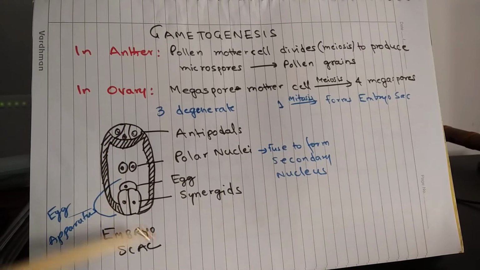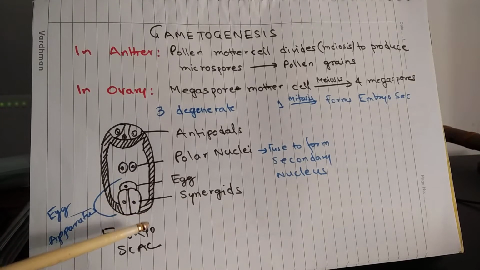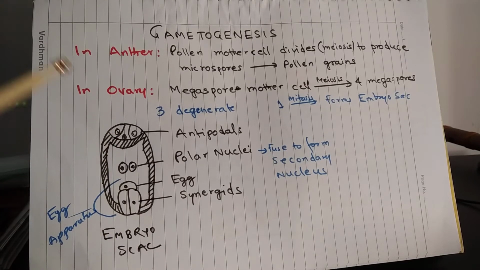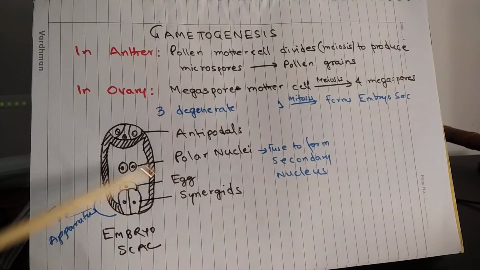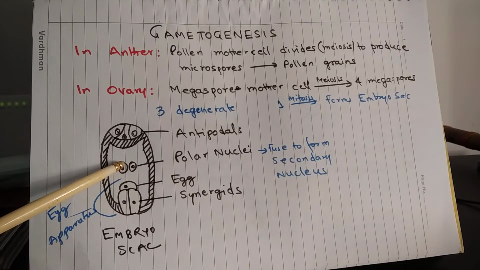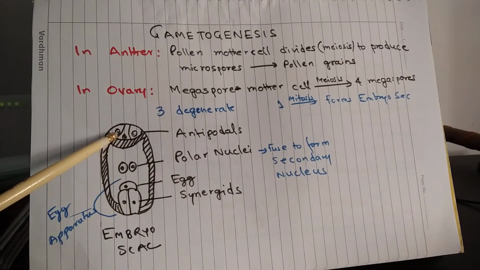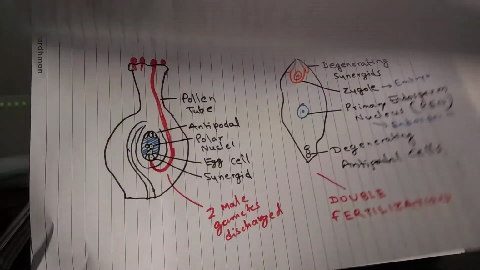The lower portion is the micropylar end, that is towards the mouth of the ovary, and this is the chalazal end, that is away from the mouth. The egg apparatus is composed of an egg and two cells called synergids. The two polar nuclei finally fuse to form a secondary nucleus. Then there are three antipodal cells. So this is the structure of the embryo sac.